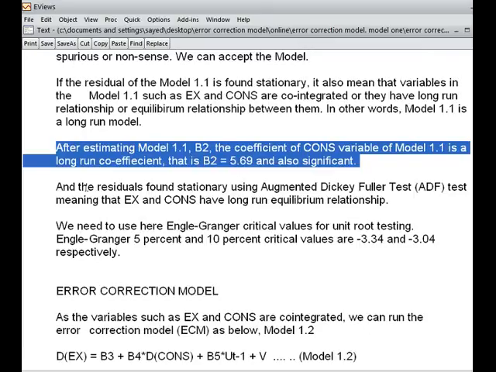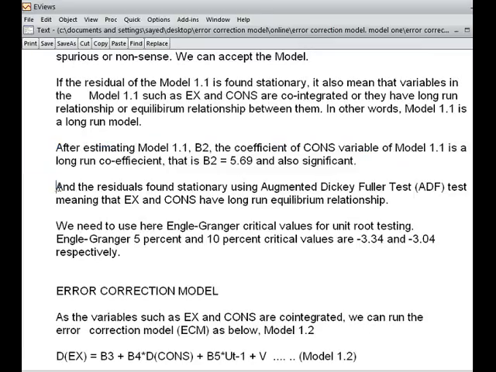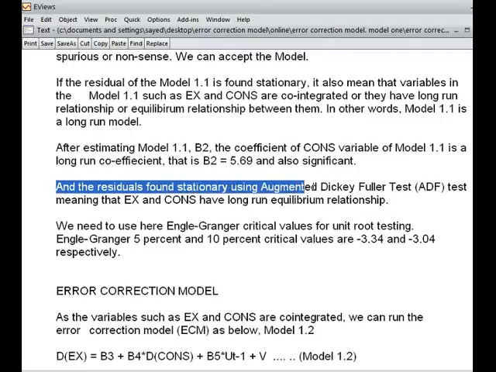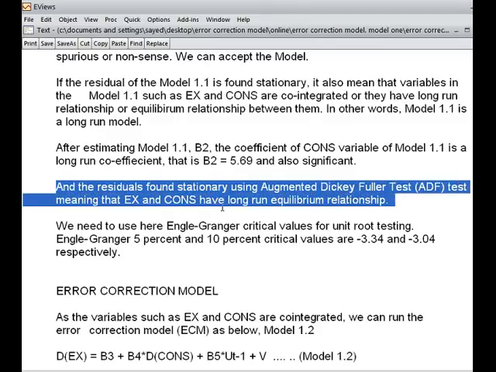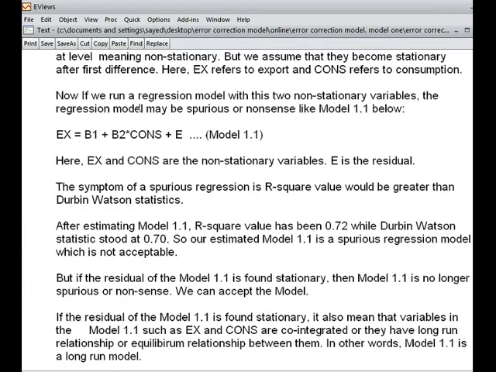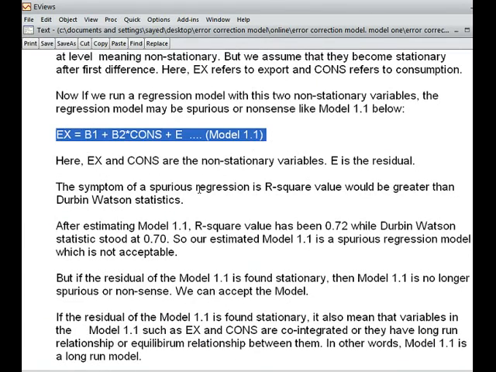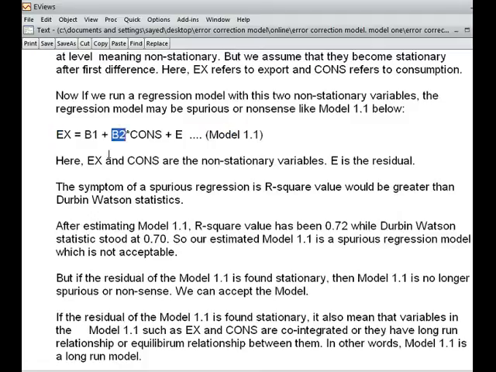And we have already tested and found that the residual found stationary using augmented Dickey-Fuller test, meaning that EX and cons have long run relationships, or EX and cons, these two variables are co-integrated, meaning that model 1.1 is a long run model and B2 is long run coefficient.